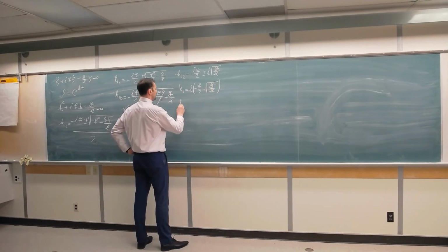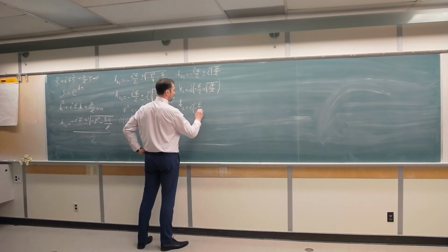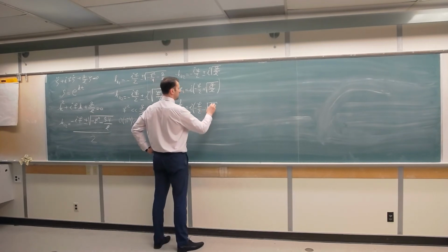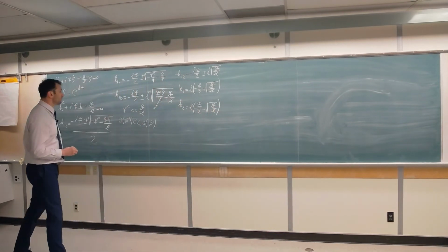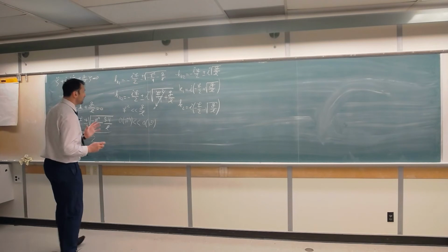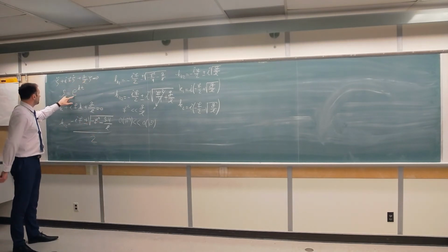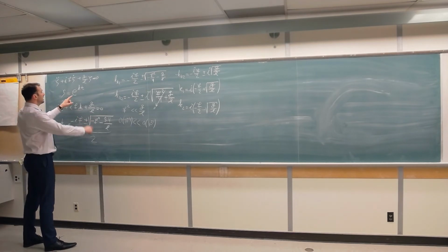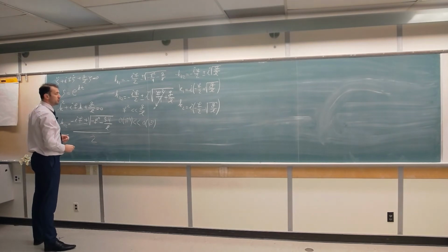And k2 will be i minus f over 2 minus square root g over L. Now, you have to know from mathematics, because this is a linear differential equation, if this is a solution to this differential equation, and I have 2 k's over here, then a linear combination of any of these two solutions will also be a solution.